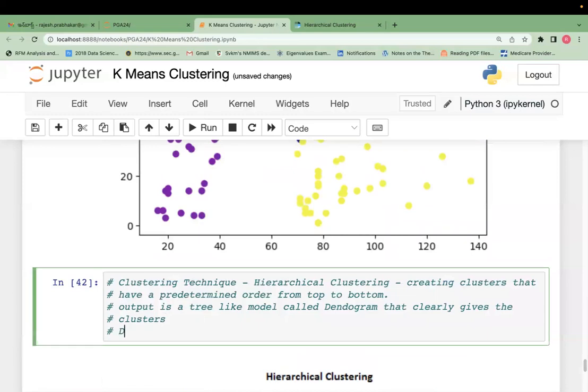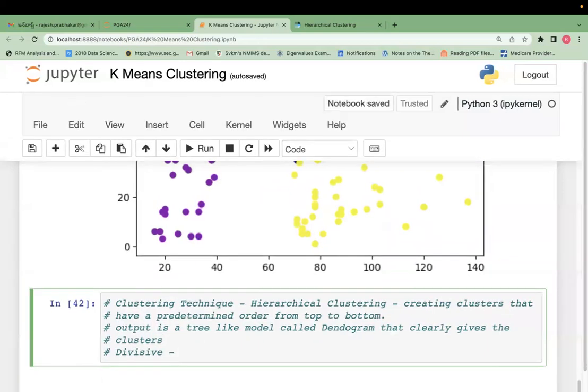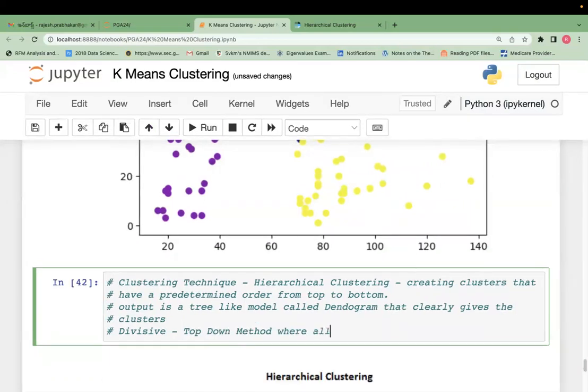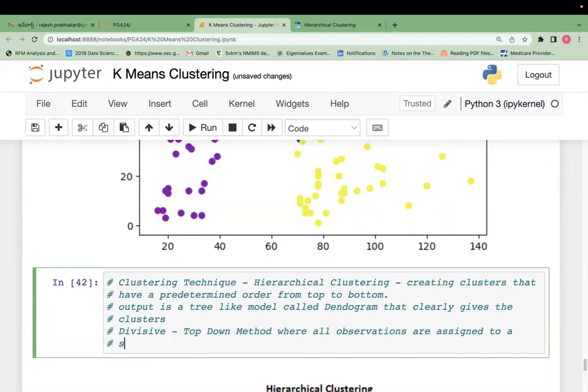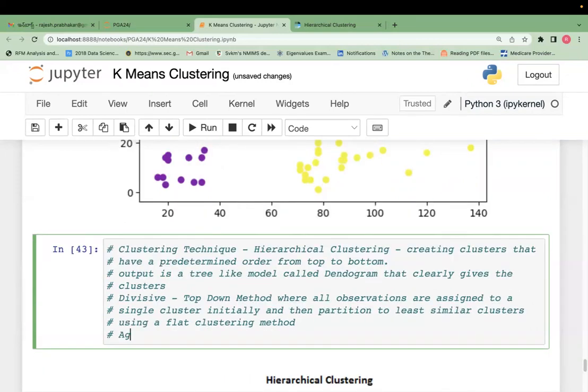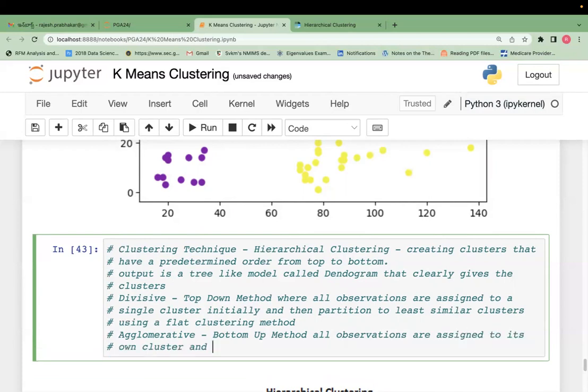Now, there are two methods. Divisive, or the top-down method, where all observations are assigned to a single cluster initially and then the least similar clusters are partitioned. In the agglomerative method, also called bottom-up clustering, all observations are assigned to their own cluster and based on similarity, clusters will be formed.